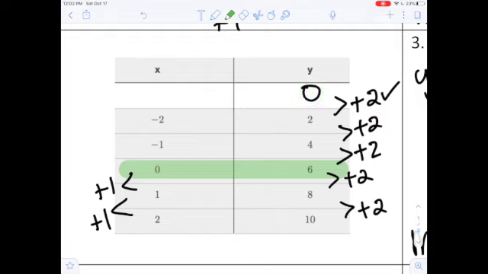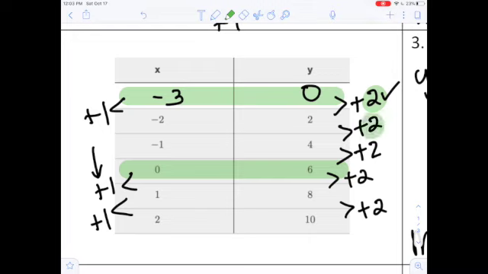So if we do that on the right side, then maybe we can do that on the left side. So some number plus 1, because again, over here on this side it's 1s, is going to give me -2. So what could that number be? Well, you can also think about it backwards. What's -2 minus 1? -3. So all we did here is we extended our table and we went backwards.